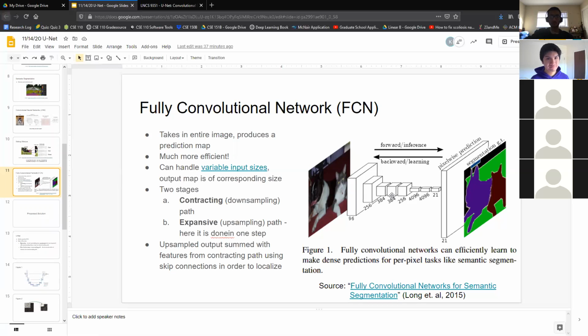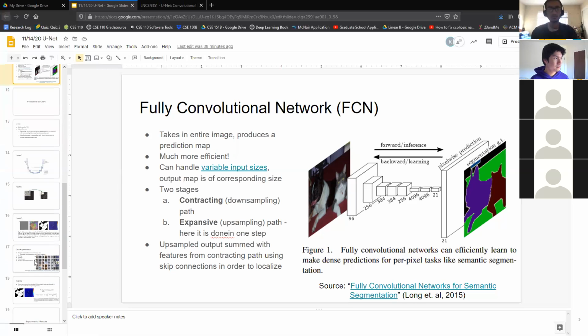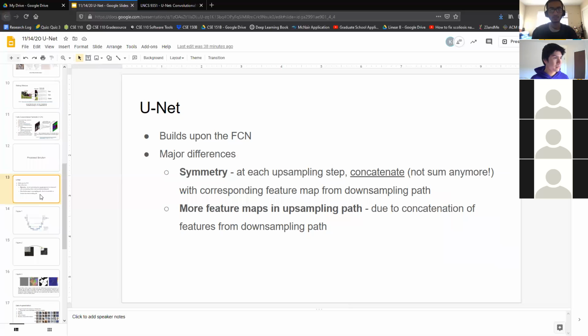Just to clarify, does the FCN normally go from this very low resolution all the way to the pixel prediction? Because I'm not sure if the innovation was that they made it symmetric, or that they're taking features during the convolution and adding that to the upsampling. So is the symmetry part? Oh, okay, so that's what they added.